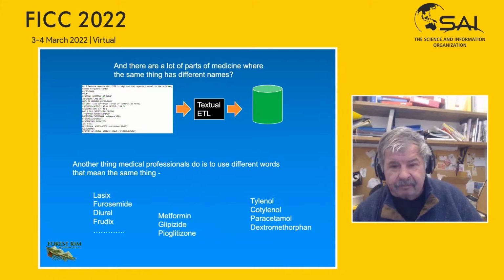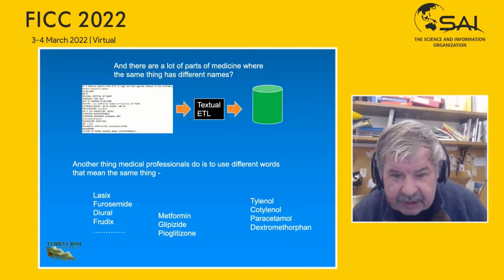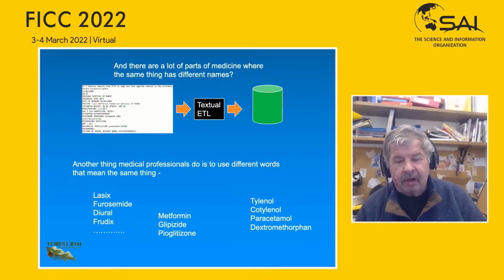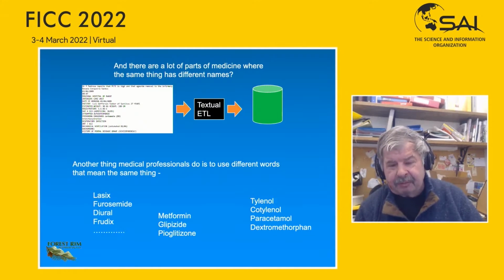So some of the other considerations that you have, and this is one of the more insidious of those considerations, is the fact that in medicine, the same thing often has multiple names. For example, there is a medicine called furosemide that also has a whole host of other names.